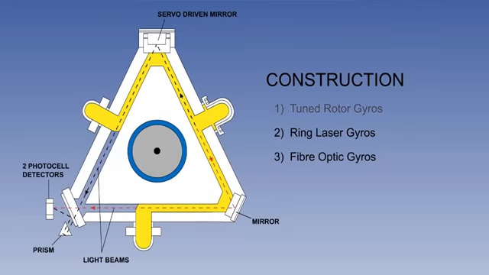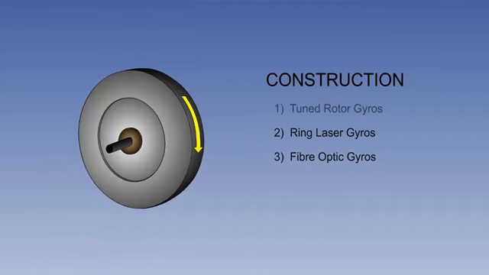For information, the ring laser gyros work on the principle of comparing 2 light paths around a glass prism, and fibre optics are an extension of the ring laser principle. In this lesson, though, we are going to concentrate only on the tuned rotor gyro. The tuned rotor gyro is the traditional spinning disc type of gyro.